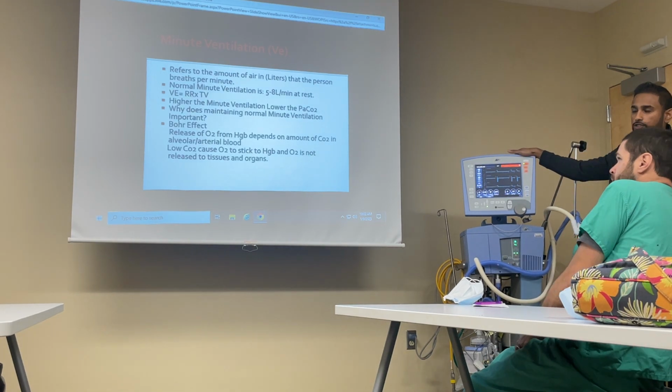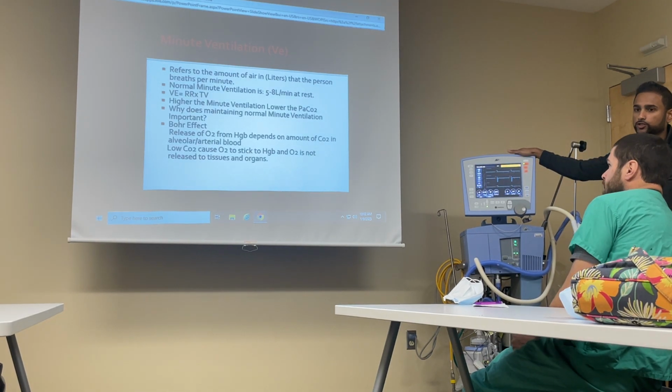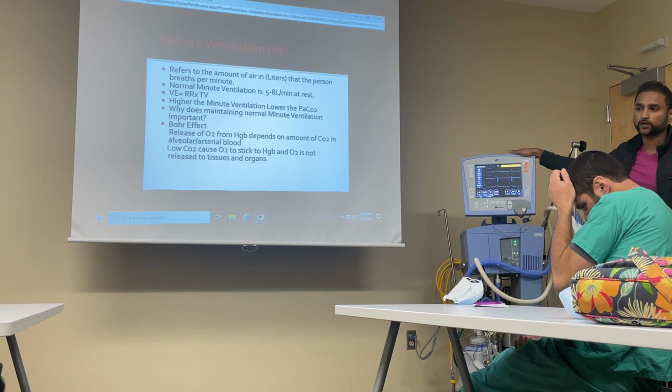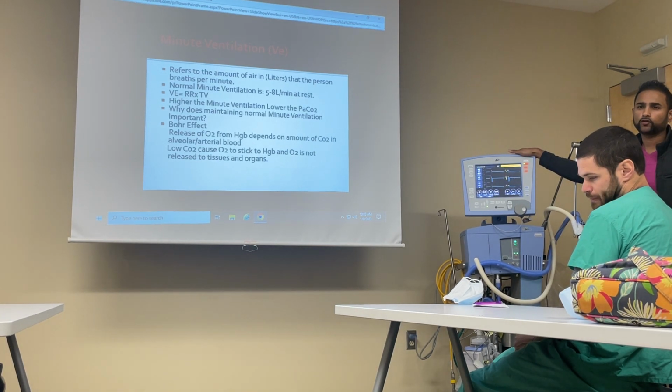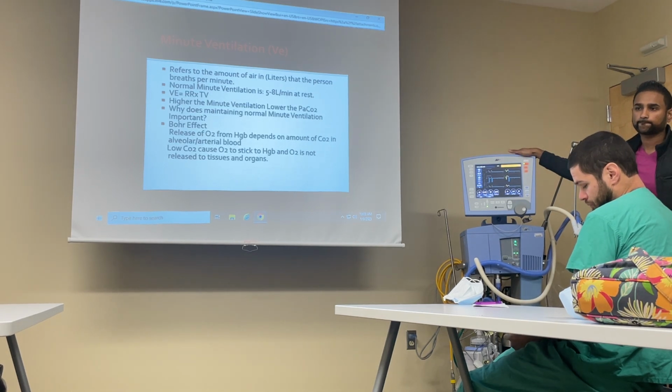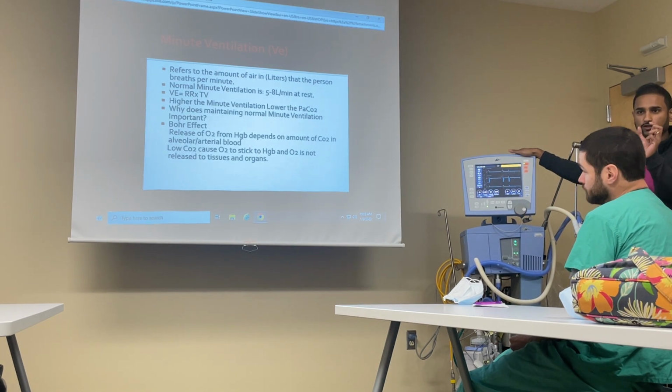High minute ventilation, greater than 8, or let's say 10, 12, is not always a good thing, because guess what? If I'm pumping up my respiratory rate fast enough, what's getting blown out? CO2. Is it a good thing if my CO2 is less than 35? Our human body is engineered perfectly, right? Everything has a reason, everything has to stay normal to function effectively.